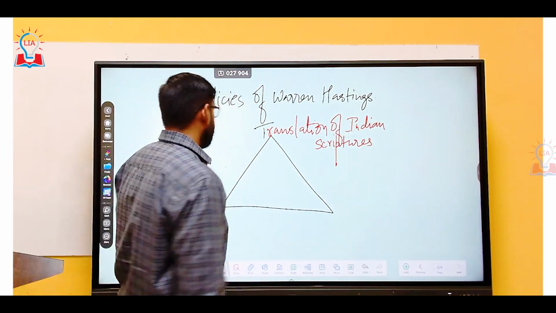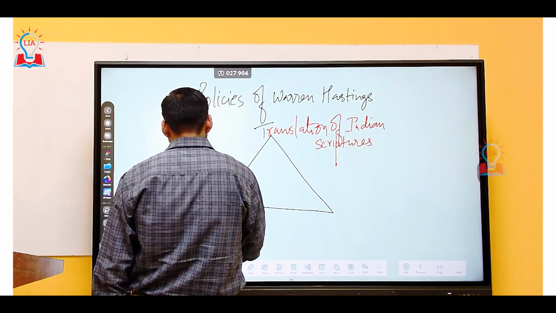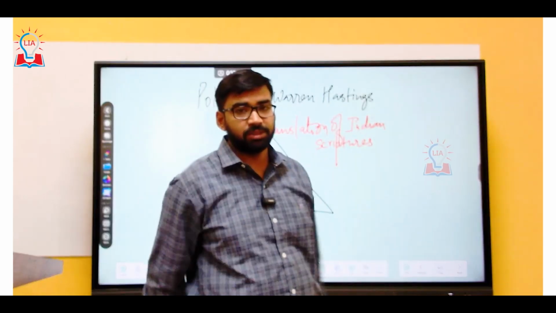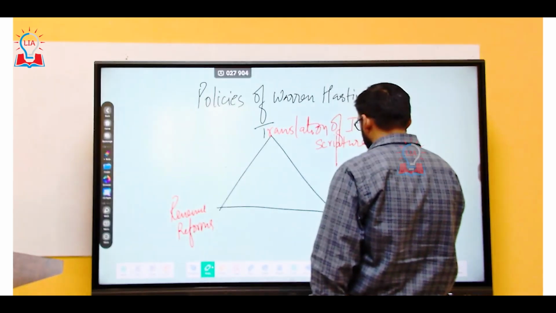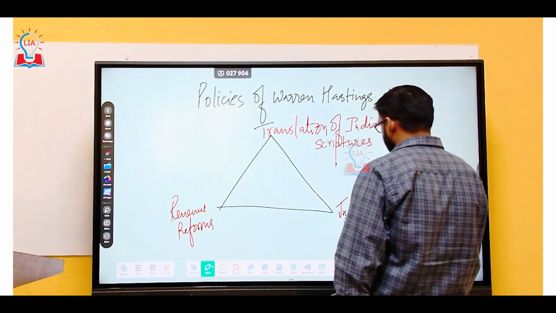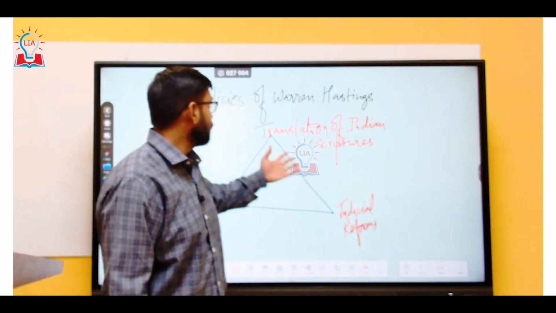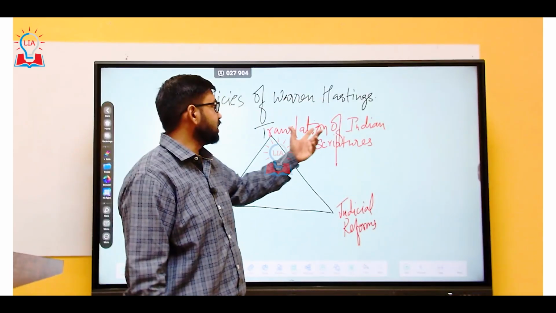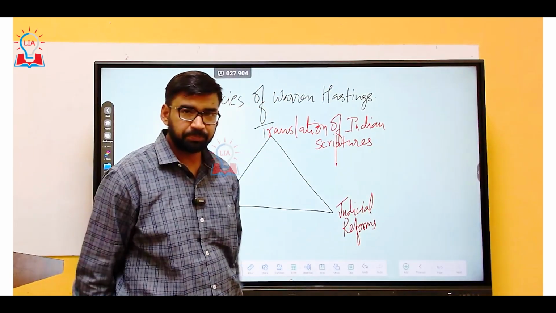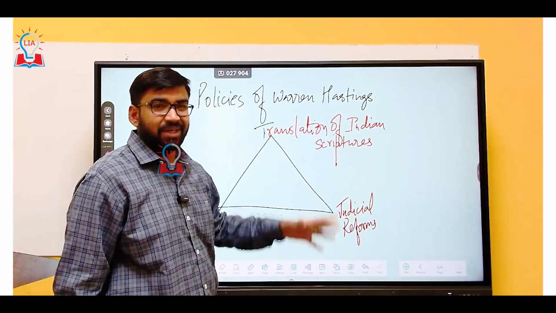Another important policy, revenue reforms. And third most important policy, judicial reforms. Getting my point? Three important policies by Warren Hastings. Translation of Indian scriptures. Second, revenue reforms. Third, judicial reforms. Now, I will be discussing these three reforms in detail.